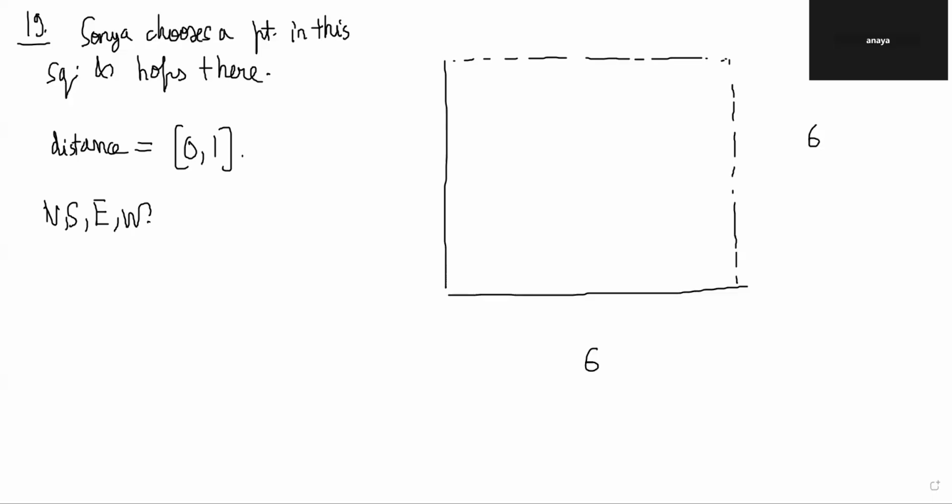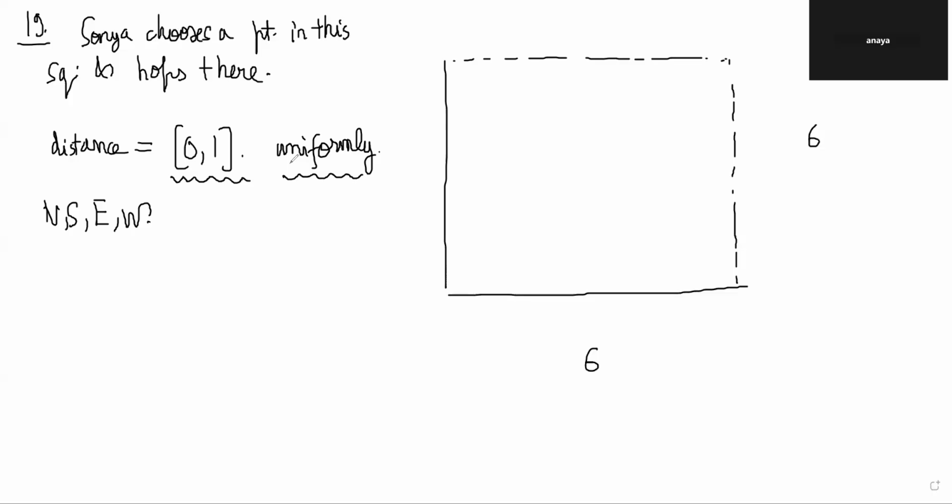One second, let me think. So we don't know how much she will jump. That is unclear, but it will be something between 0 and 1 uniformly, right? It could be anything.